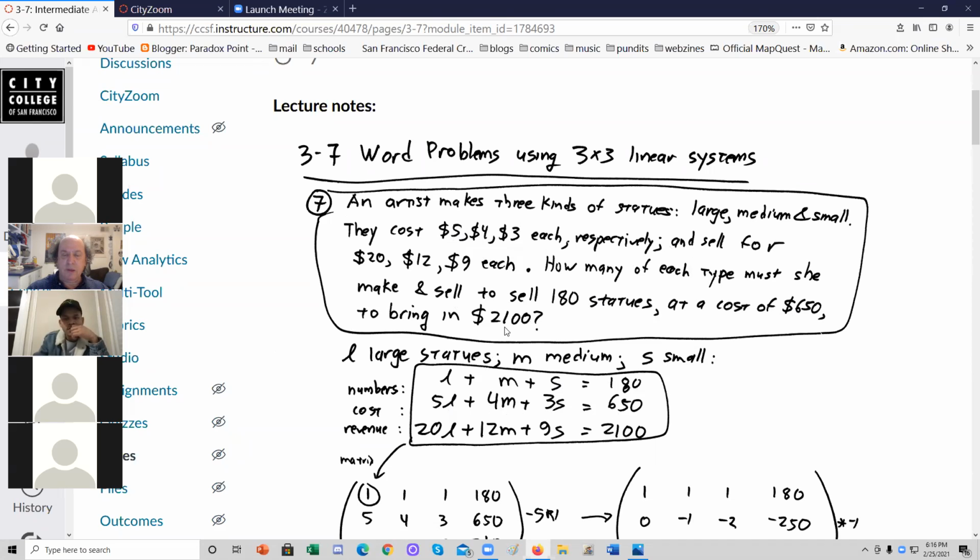And the revenue is $2,100, for selling L large statues at $20 each, 20L, M medium statues at $12 each, 12M, and S small statues at $9 each, 9S. So 20L plus 12M plus 9S equals 2,100. Okay, 3 equations and 3 unknowns.